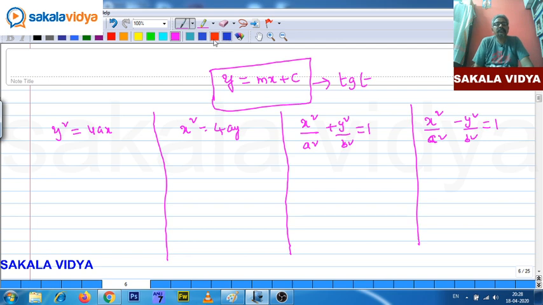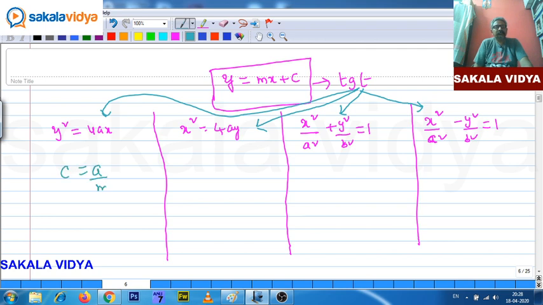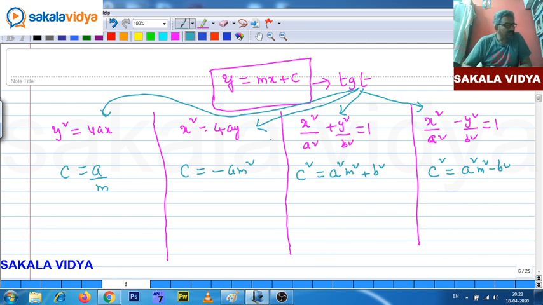So, this is the tangent to this one, and even this one, and even for this one. What is the condition? C is equal to a by m. Here C is equal to minus am square. Here C square is equal to a square m square plus b square. Here C square is equal to a square m square minus b square. You can remember like this. Okay. Right.